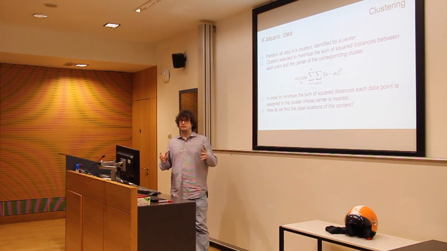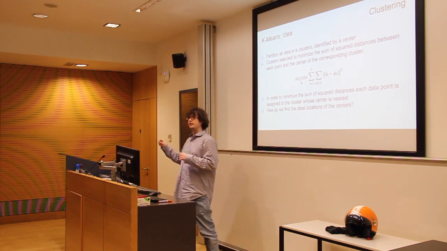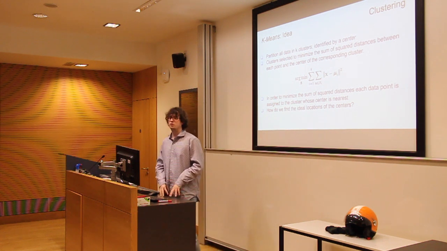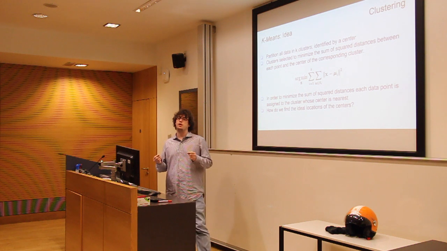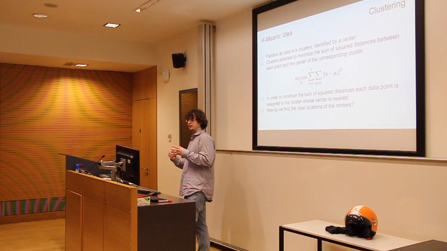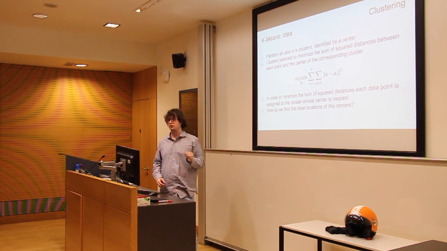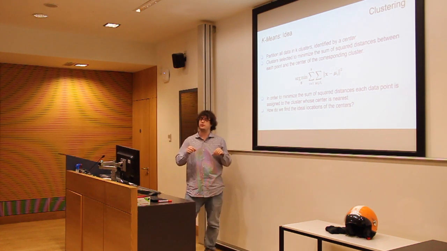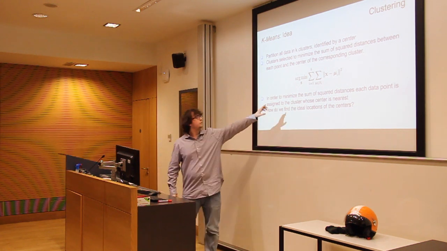Then for each of these clusters, you take one of the data points as the initial value of the center of this cluster. And you assign to each of the clusters all data points which are closer to the center of the cluster, in terms of squared distance between the two vectors. And you try to find the assignment of the centers and of data points to these clusters which minimizes this objective function.